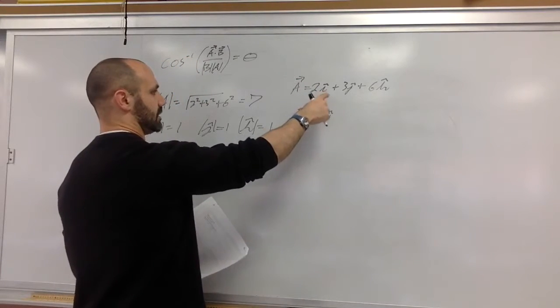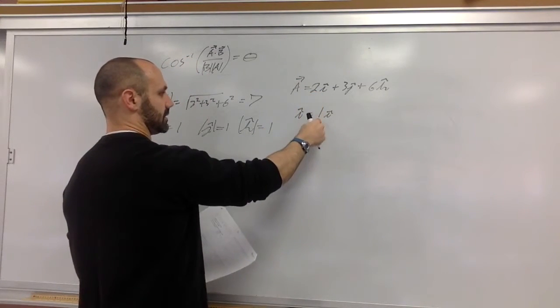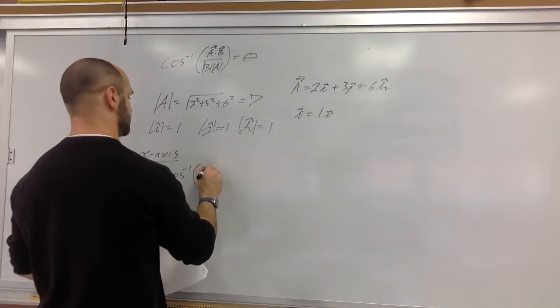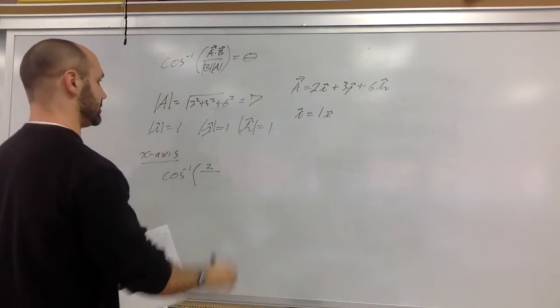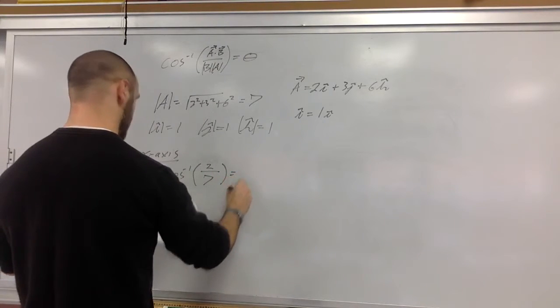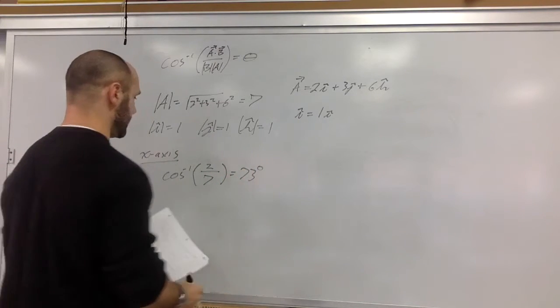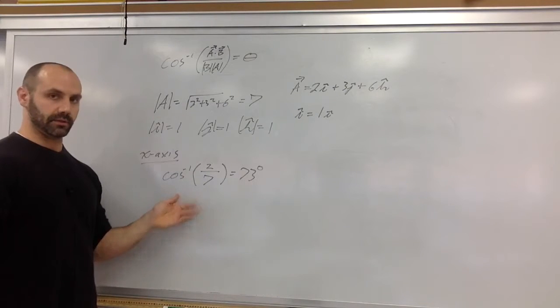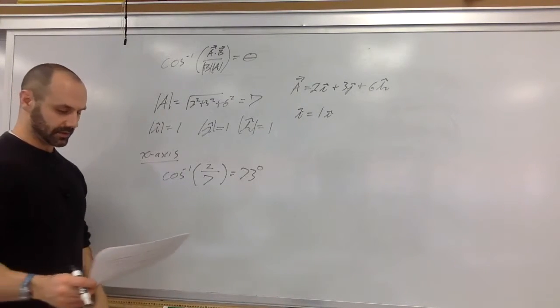And the dot product of this and this is just this times this. So I just get 2 over the product of their magnitudes, so it's going to be over 7. And so this is going to end up being 73 degrees. By the way, do I expect any of these to be more than 90 degrees? No. I'm expecting all of these to be less than 90 degrees.